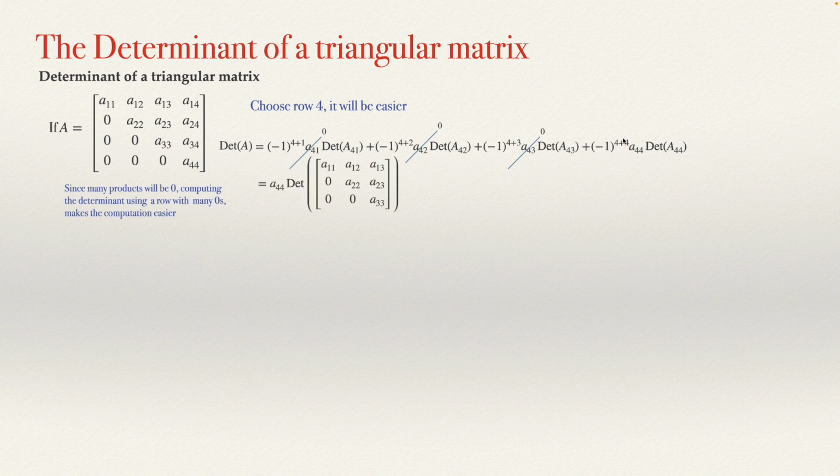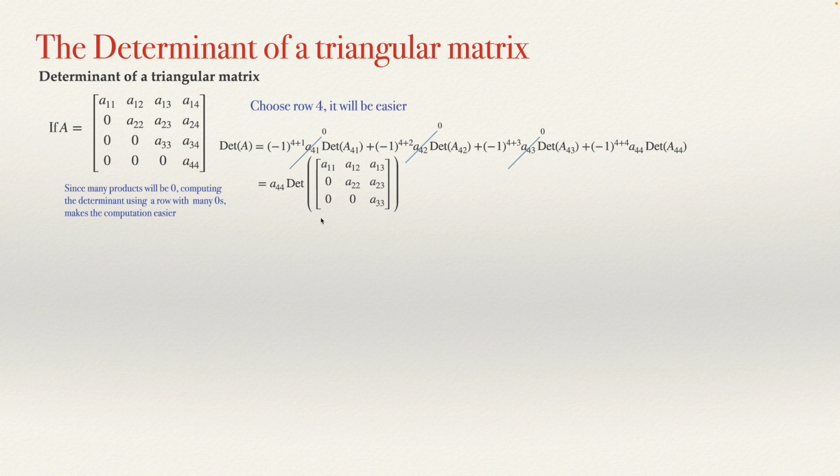The sign for the last element of the row will always be minus 1 raised to an even number, because it will always be 4 plus 4 if this is a 4 by 4 matrix, or 5 plus 5 if this is a 5 by 5 matrix, etc. So this will always be positive.